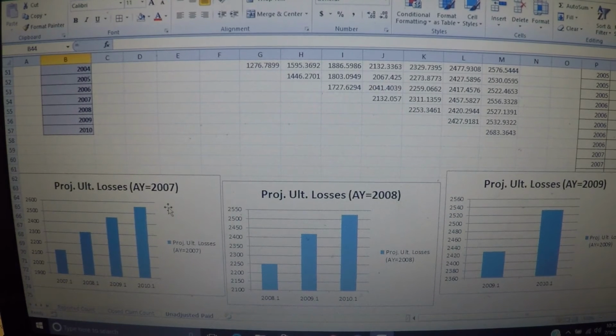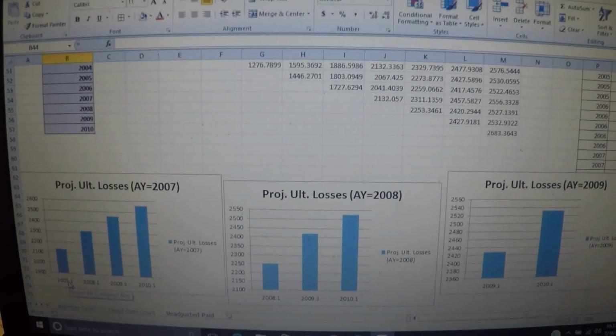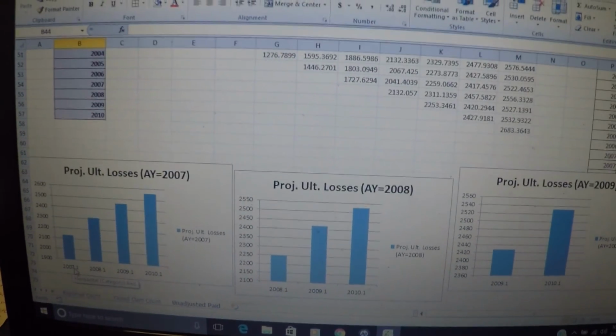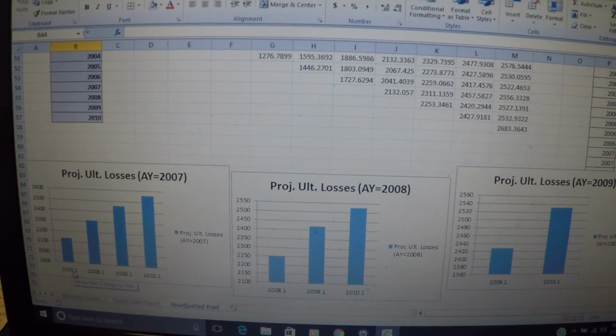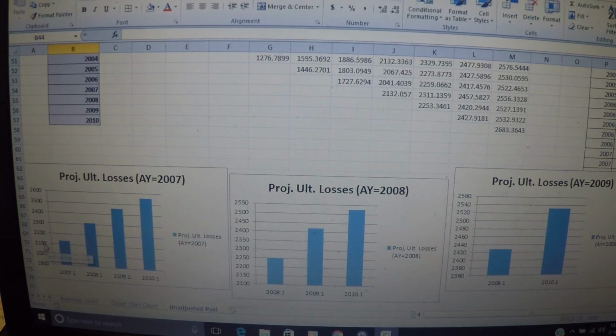So what is this saying? This is saying that if we're in calendar year 2007 quarter one, and I project my ultimate losses for that accident year, they would have been about 2,150 or so.